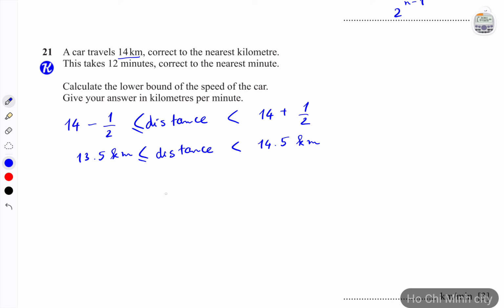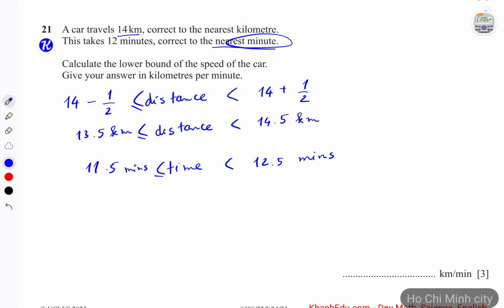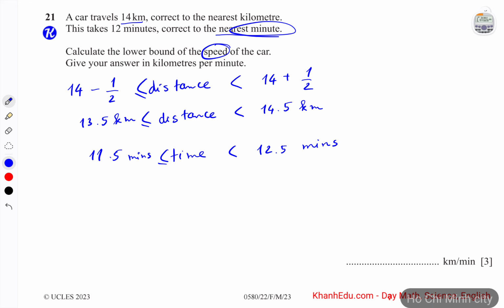Similarly, we have the time is greater than or equal to 12 correct to the nearest minute. So take the 1 minute divided by 2, we have 11.5 minutes, and then less than 12.5 minutes. All right, and the formula for calculating the speed is going to be the distance over time.